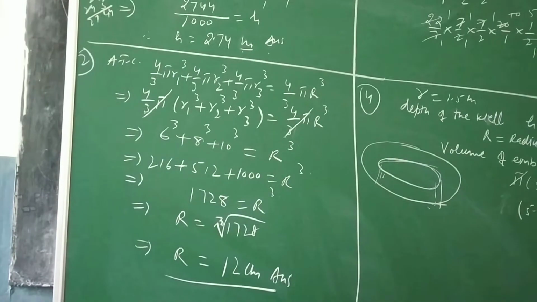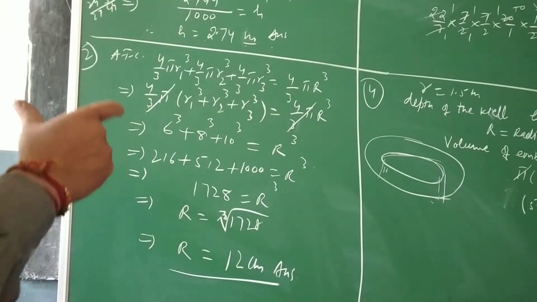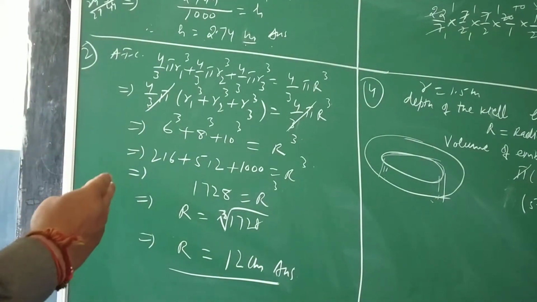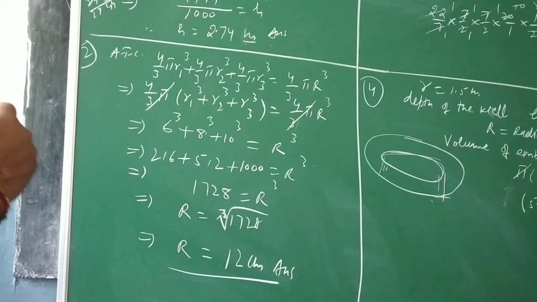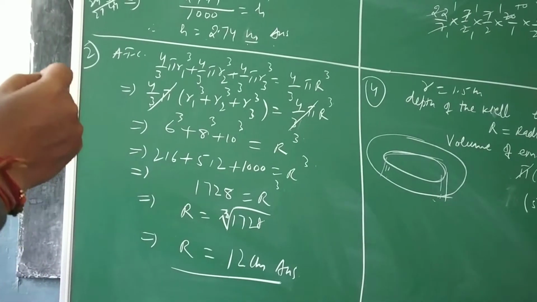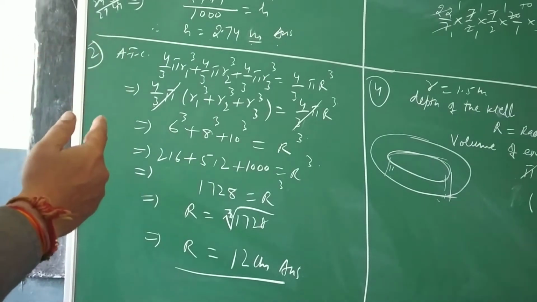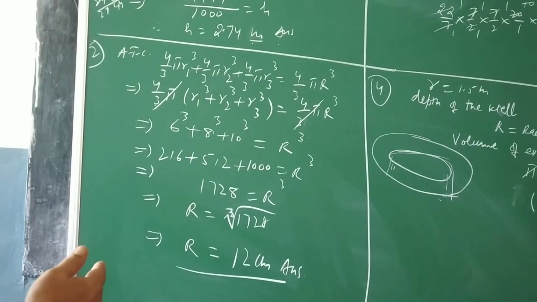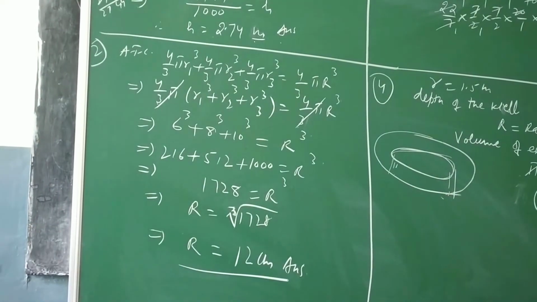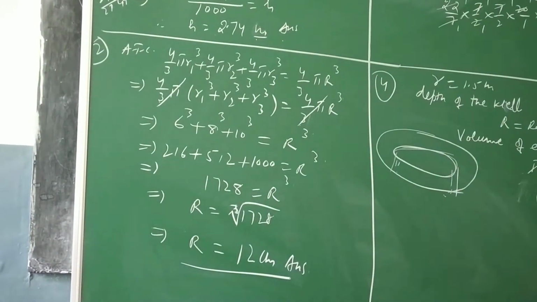Easy calculations, please be careful, and proceed in that way only. I write the equation in the first step, then the substitution, then the calculation, and at last you can write your answer.